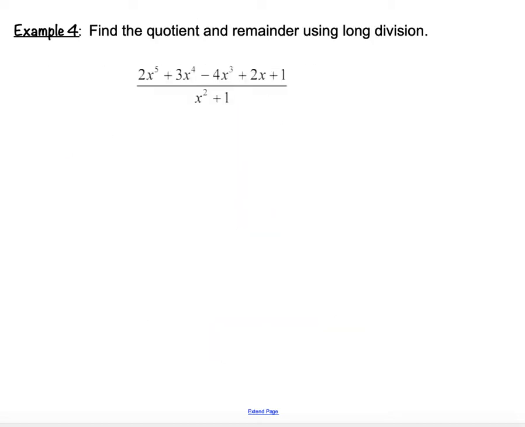So you could write that out as 5 plus 3/7. All right, so then for this one, they just said to go ahead and find the quotient or remainder using long division. So let's write this one out. Notice again, are they missing any terms up there? X to the fifth, x to the fourth, x to the third. Oh, yes, we're missing one. So let's put that in the box.